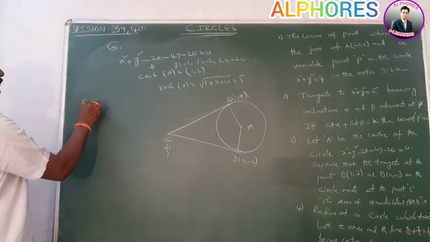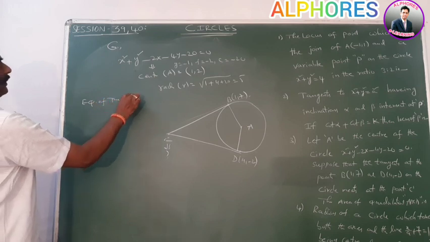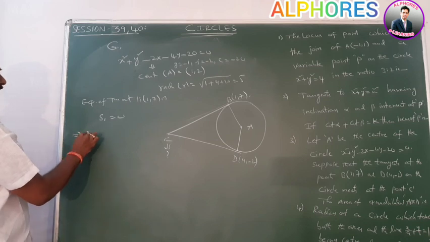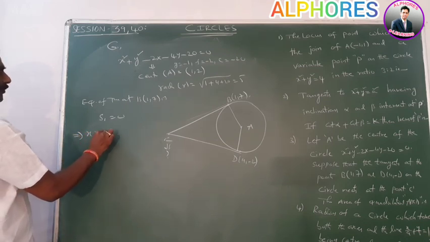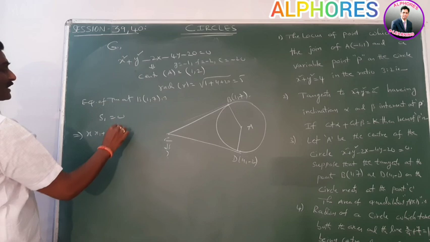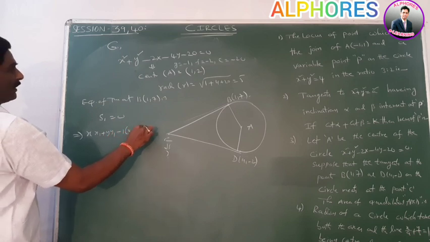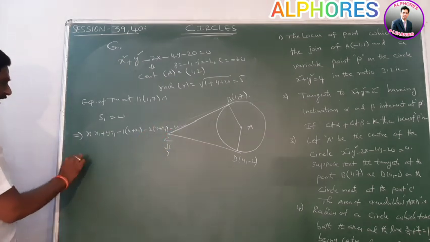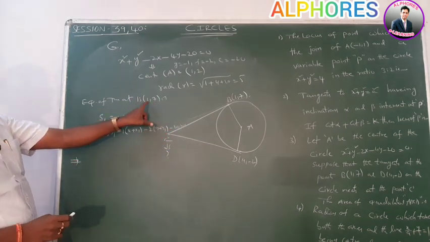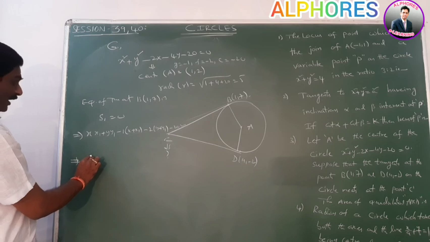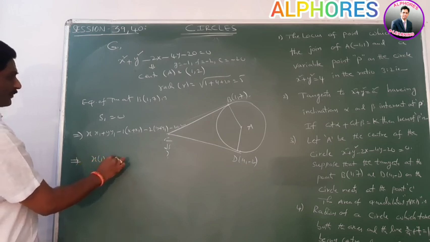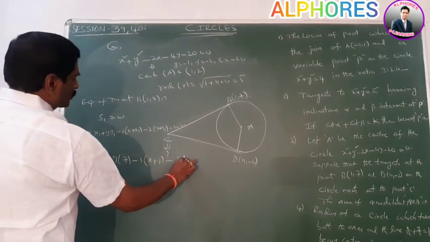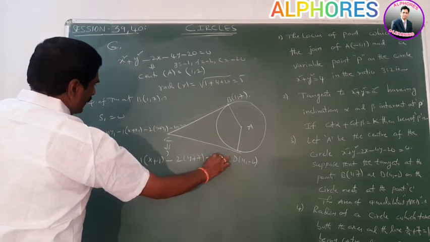Equation of the tangent at B(1, 7) is S1 is equal to 0. What is the value of S1? x x1 plus y y1 plus g into (x plus x1) plus f into (y plus y1) plus c is equal to 0. Here x1 is 1, y1 is 7. That means x into 1 plus y into 7 minus 1 into (x plus 1) minus 2 into (y plus 7) minus 20 is equal to 0.